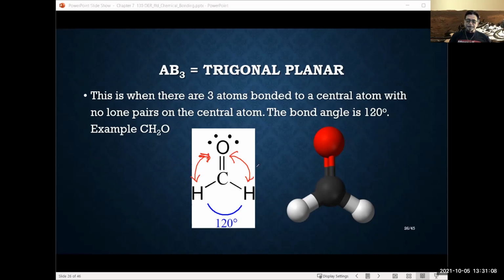All right, so AB3, trigonal planar. Everybody's in the same plane, 180 degree bond angle between all the 3 moieties, between the oxygen and the hydrogen. Do you mean 120 degrees? Yes, what did I say? 180. Sorry about that. Thank you. 120 all the way around. All right, good old-fashioned formaldehyde here. So that's the AB3 trigonal planar configuration.